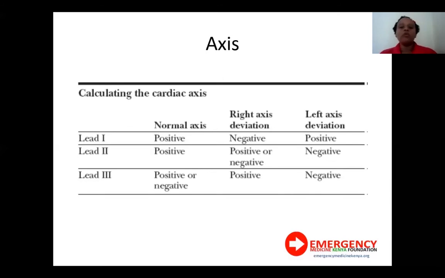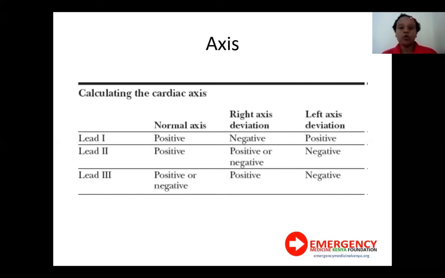For me as an emergency nurse, the easiest way to know the axis that my patient's heart may be having is to look at my strip, at my lead 1 and my AVF.